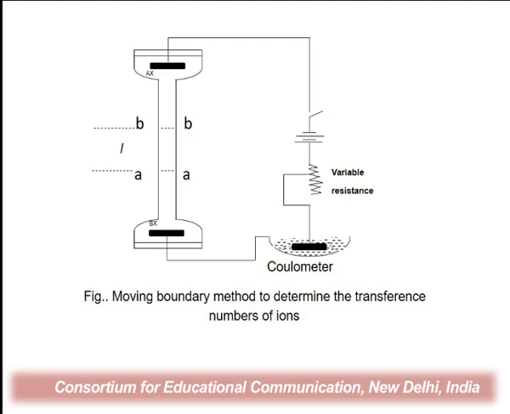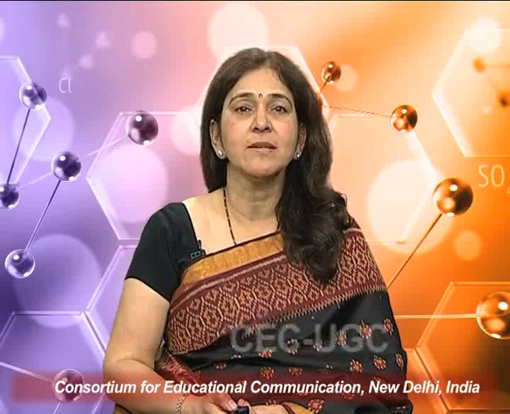The apparatus consists of a long vertical tube of uniform area of cross section A fitted with two electrodes at two ends. Let us consider the electrolyte AX called the principal electrolyte, the transport number of whose cation A plus is to be determined.